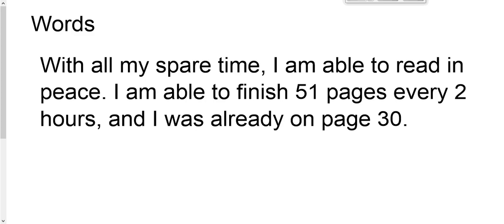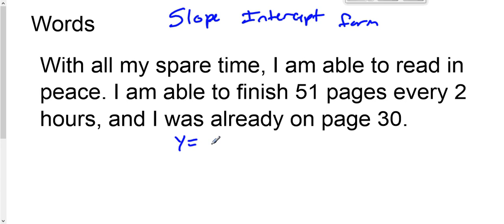The other thing we're going to cover today are getting equations from words. Once again, from a word problem, you still want to use slope-intercept form. So we're still going to be looking for y equals mx plus b, meaning we need to find m, and we need to find b.